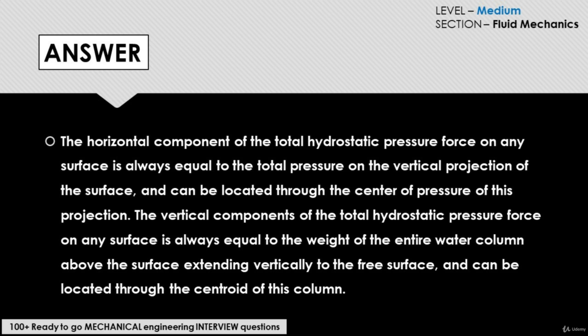The vertical component of the total hydrostatic pressure force on any surface is always equal to the weight of the entire water column, which is above the surface, extending vertically to the free surface, and it can be located through the centroid of this column.